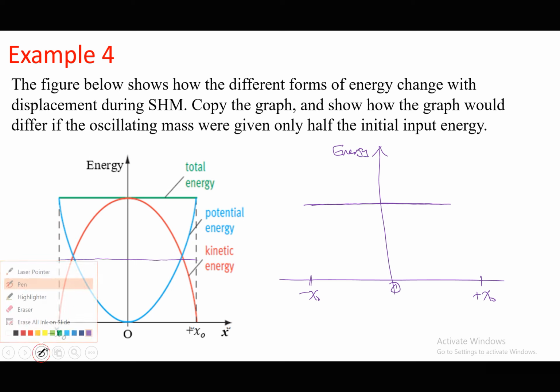So red was kinetic energy, so I'll sketch the new graph for kinetic energy. And they said copy the graph and show, so it means I can sketch on the same graph. There is no need of drawing a new one.